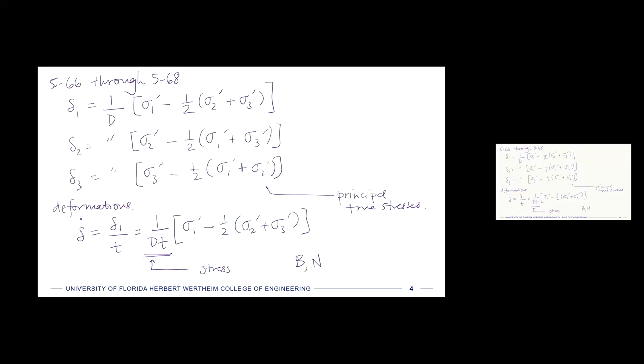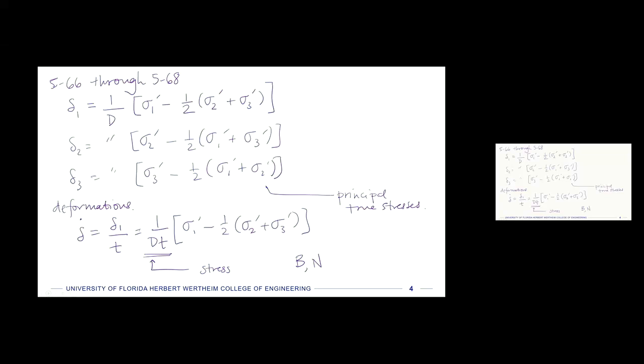In the same way that we used before the result from a uniaxial state to then inform what we would have in 3 directions, we're going to do the same thing here in order to incorporate these.